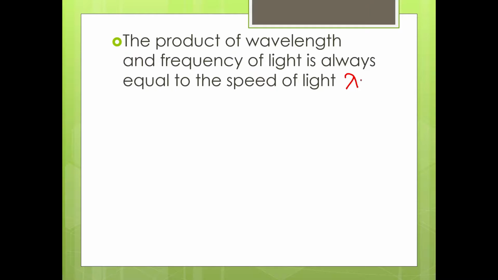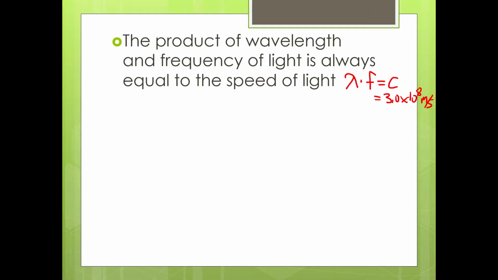So wavelength times frequency will always equal the speed of light, which we give the value c. For those of you who have not taken physics, which is I think most of you, the speed of light is equivalent to 3.0 times 10 to the 8 meters per second.